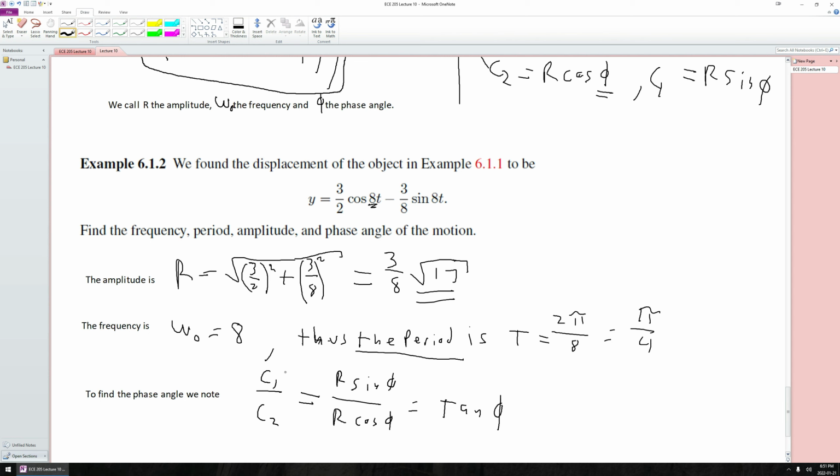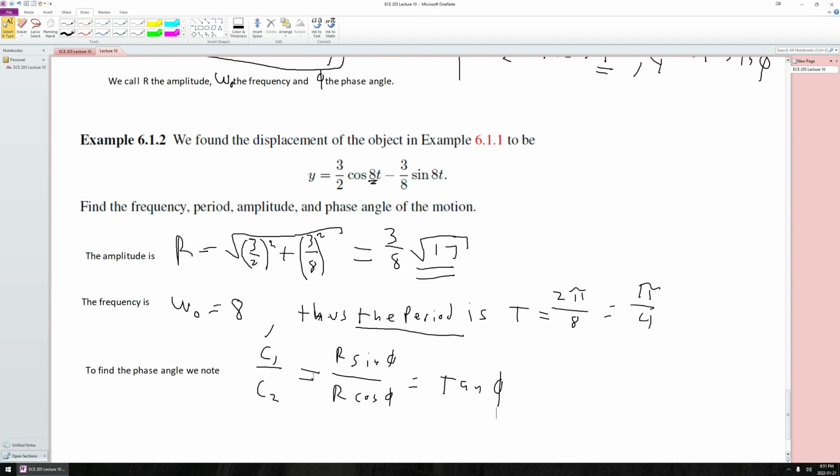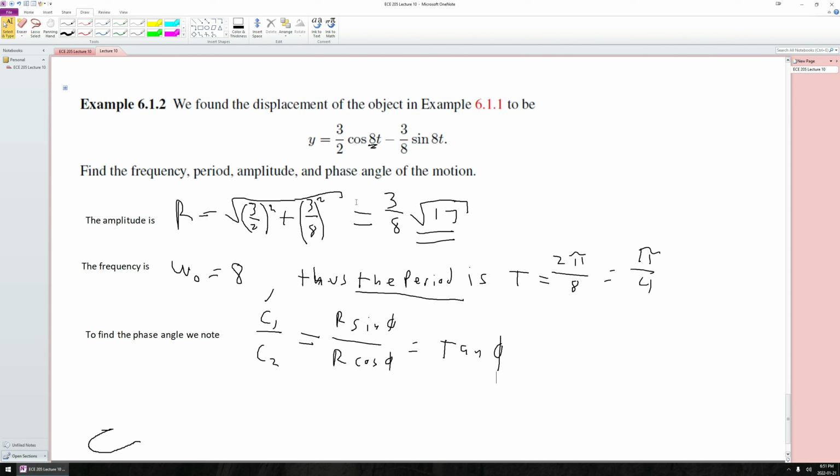So in this case, what is my C1 and C2? Well, C1 is always the coefficient in front of my sine, so that's -3/8, and here my C2 would be 3/2. So if I put these together, I get that this implies my tangent of phi would be equal to -3/8 divided by 3/2. If you do the algebra to simplify this out, that simply becomes -1/4.